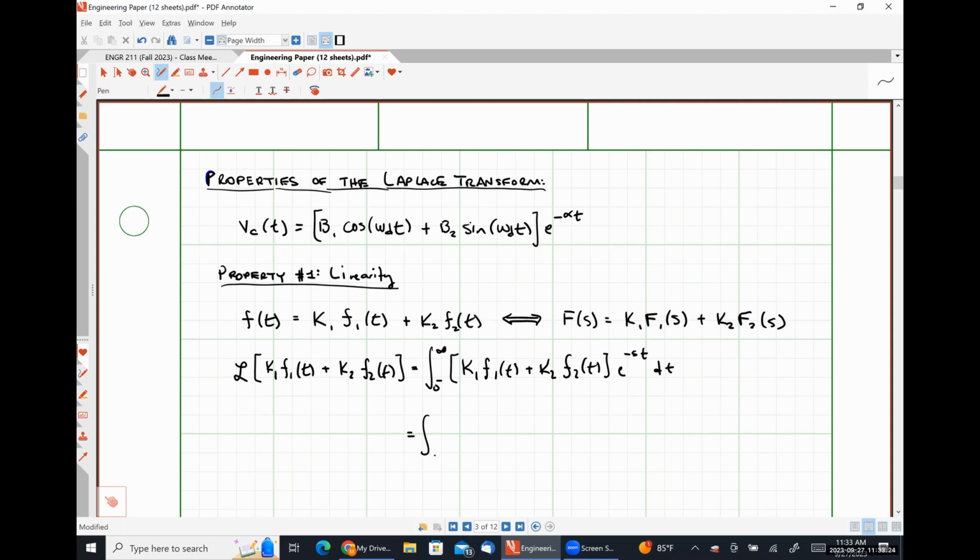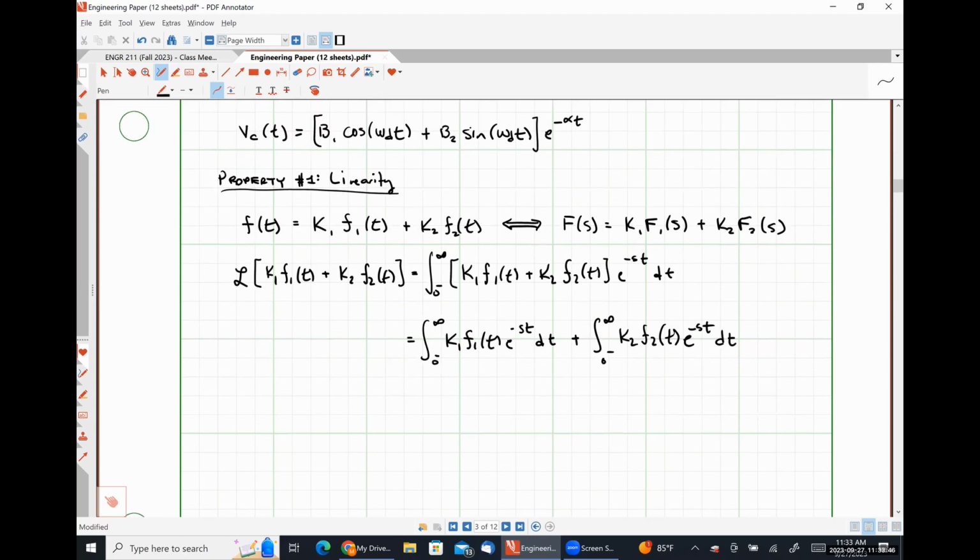That's going to look like the integral from 0 minus to infinity of k1 f1 of t e to the negative st dt plus the integral from 0 minus to infinity of k2 f2 of t e to the negative st dt.